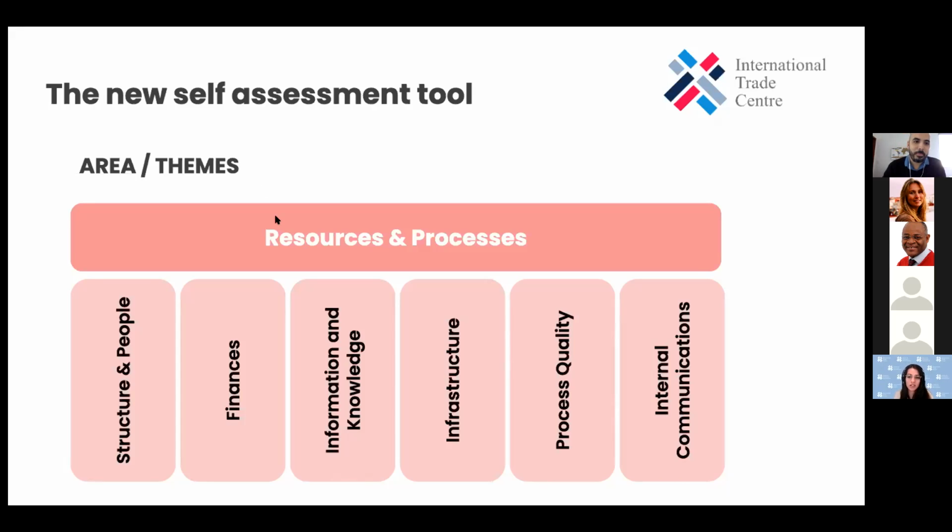And maybe if I can add, Andre, I think what's interesting about this model is that we're not defining an organization by one type of indicator or one way of seeing the organization. We are covering these 4 areas and all these themes to have a balanced set of indicators that really give a better understanding of where the organization stands.